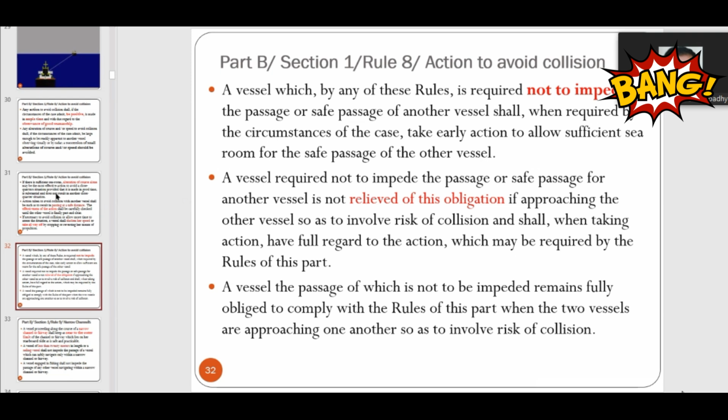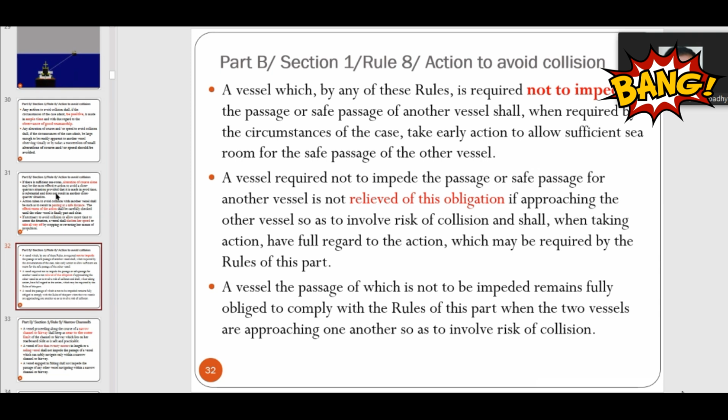In a crossing situation, the vessel which is crossing from port to starboard of another vessel is a give-way vessel, and is supposed to take action. But then the situation is such that the vessel which is supposed to take action cannot take any action, let's say for a deep drafted vessel.